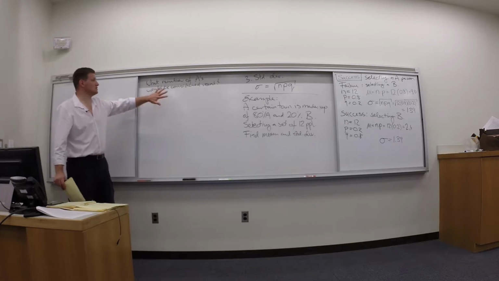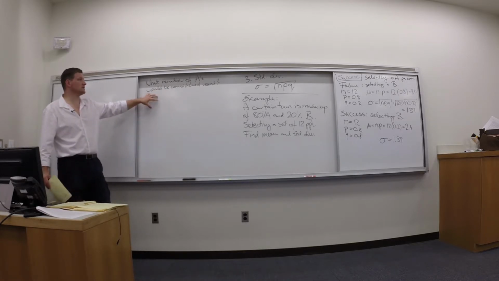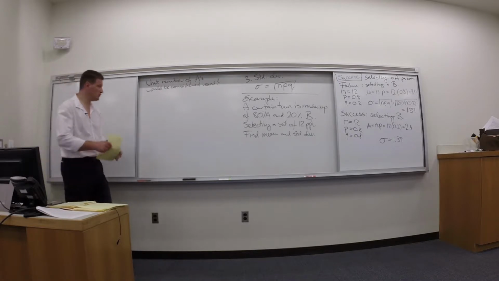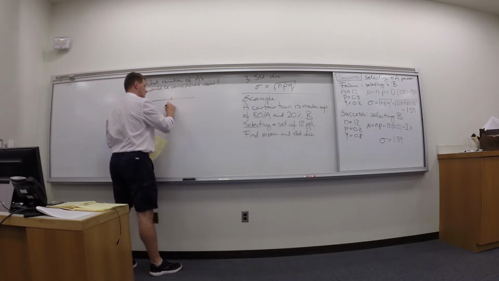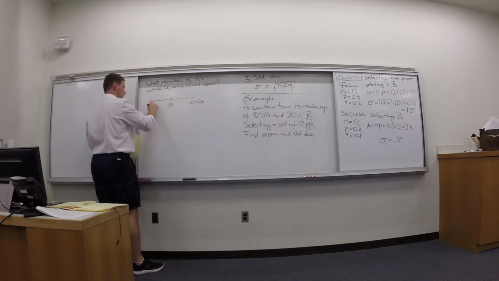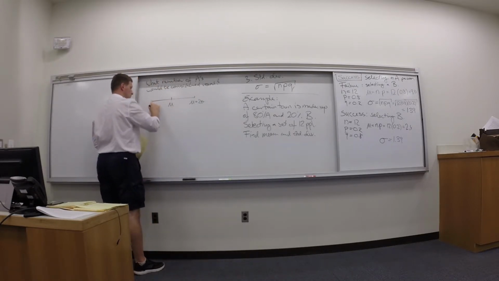Okay, but here's the question: what is a number of A's that we would consider usual? What's usual? We will do standard deviations, right? So we would look at the mean, and mean plus 2 sigma, and mean minus 2 sigma.